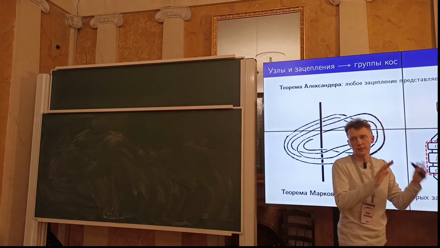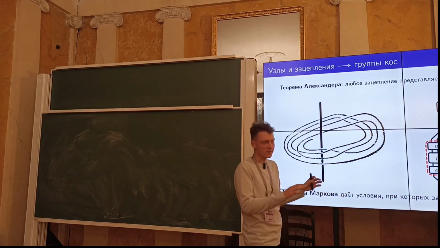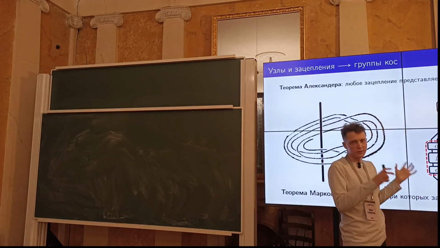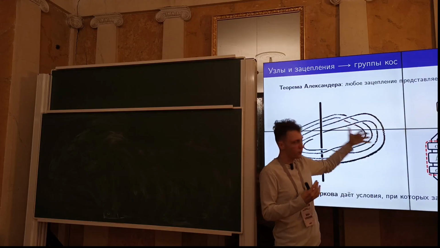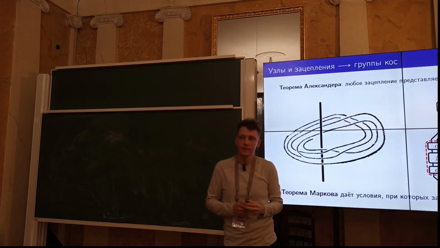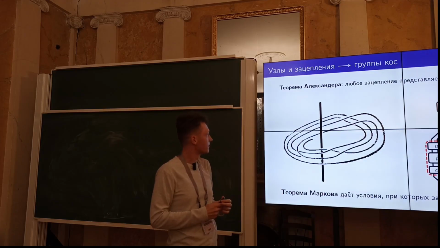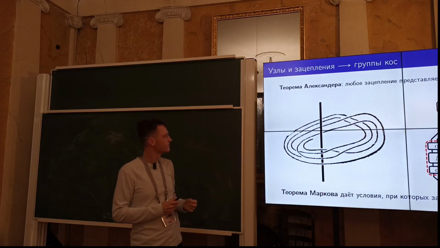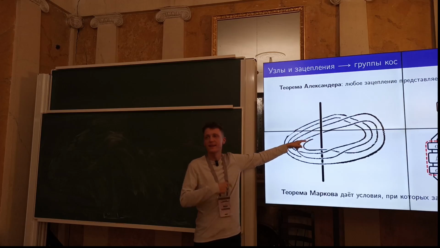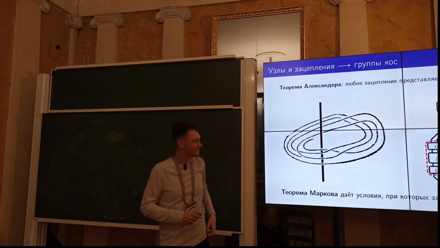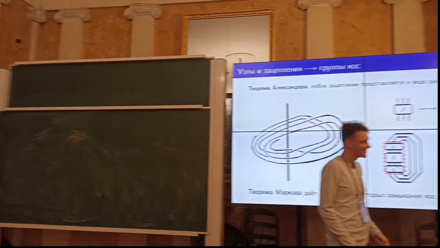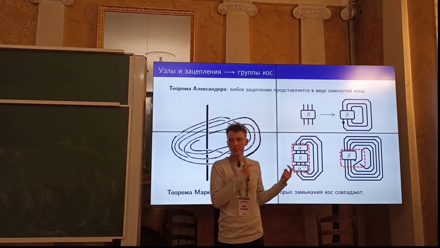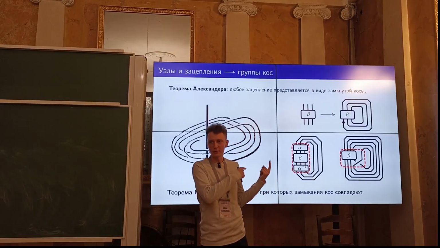I will not state it here explicitly, but basically there are two kinds of local moves that you can perform on braids. So basically there are two moves that preserve the closure of a braid.